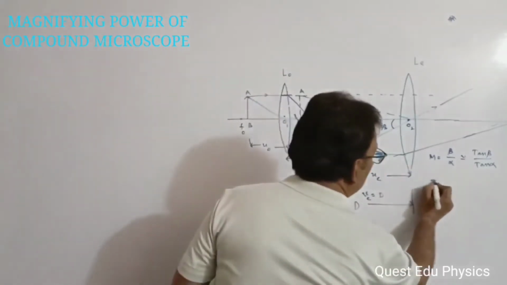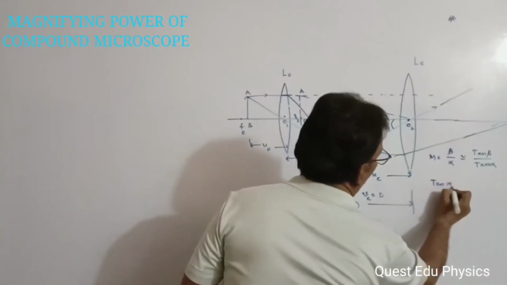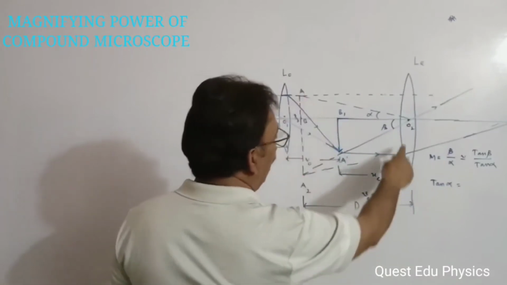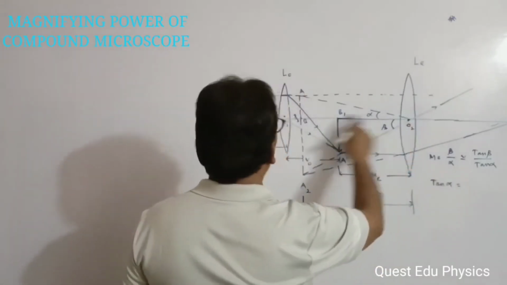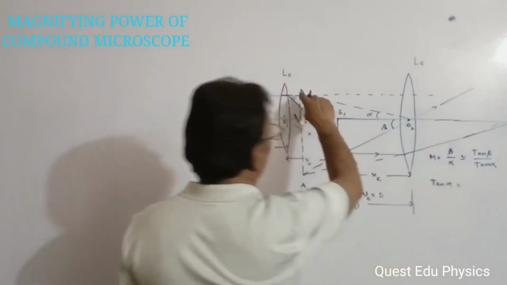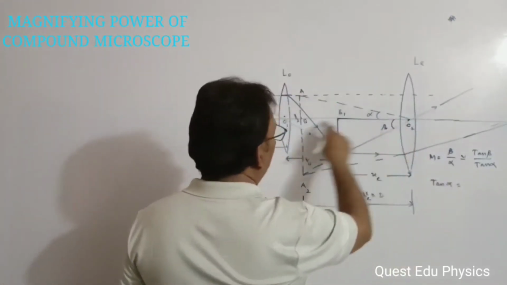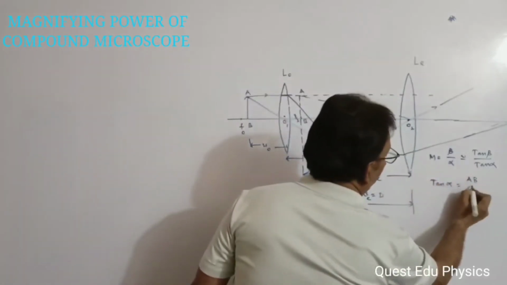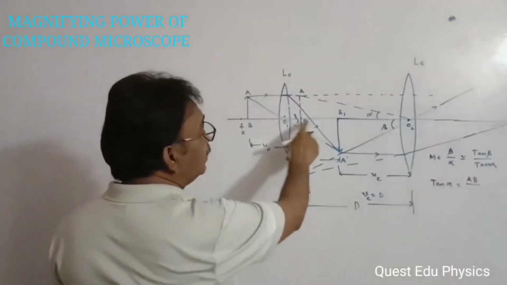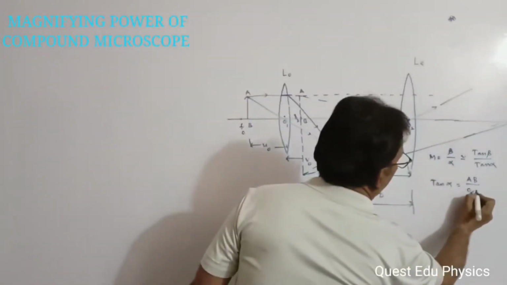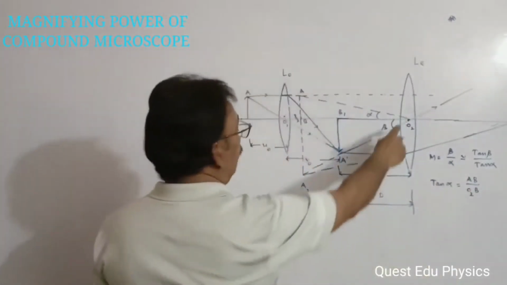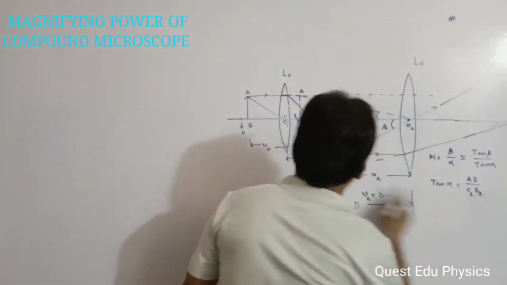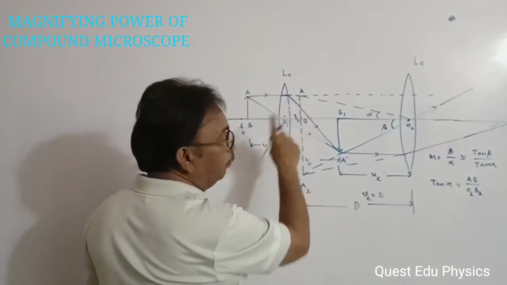Let's take the value of tan alpha from the triangle O2AB. That is, tan alpha is opposite by adjacent, that is AB by O2B, or simply you can say O2B2, because B is coinciding with B2.